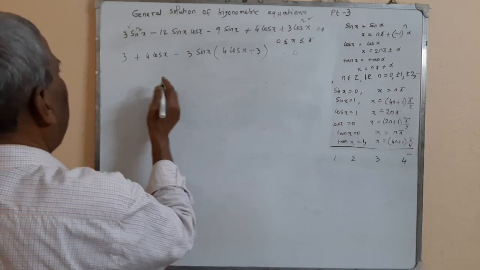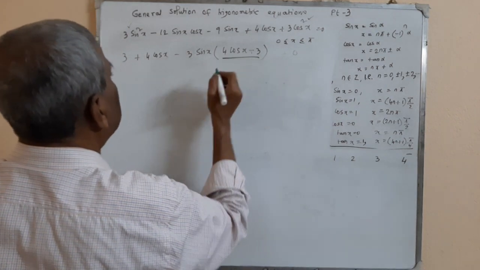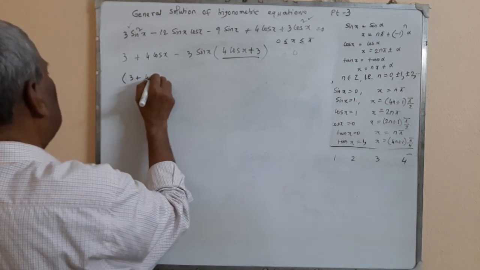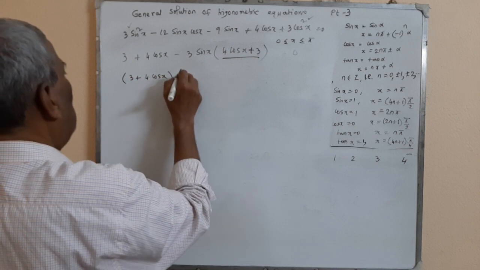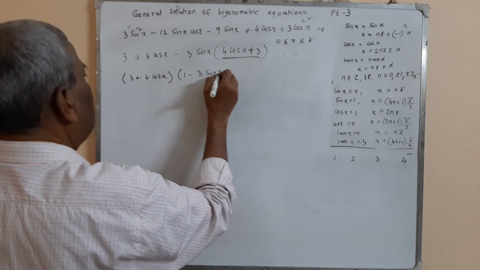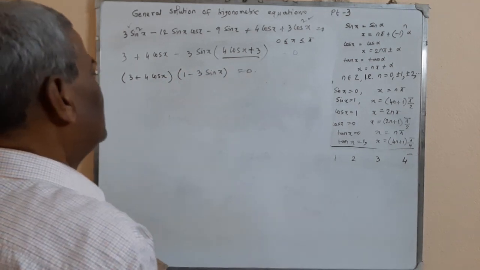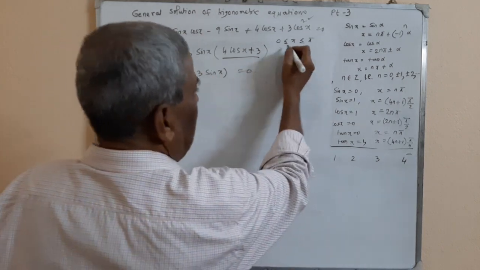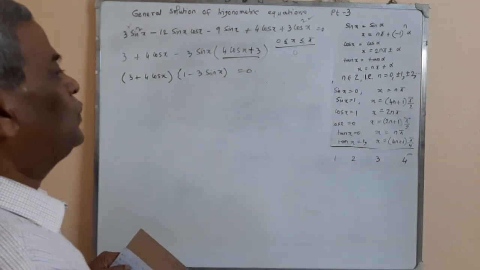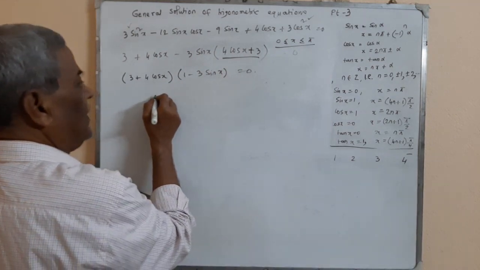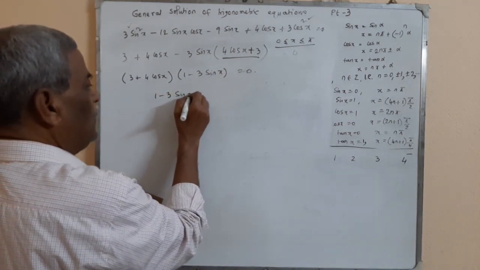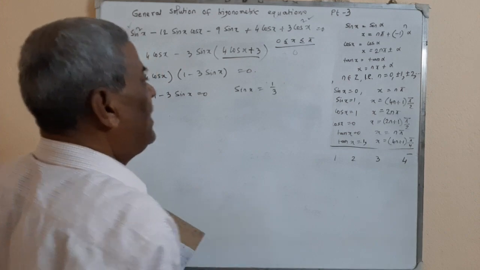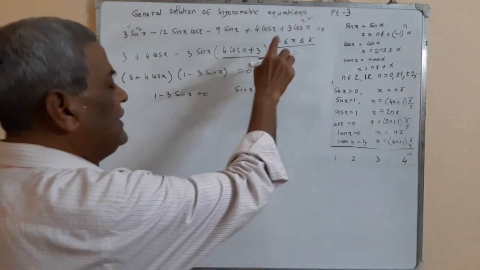So actually 4 cos x plus 3 can be taken common. 3 plus 4 cos x into 1 minus 3 sin x is equal to 0. We have to find the number of solutions of this equation in that range. So if 1 minus 3 sin x is equal to 0, that is sin x is equal to 1 by 3. How many solutions are there within that range?